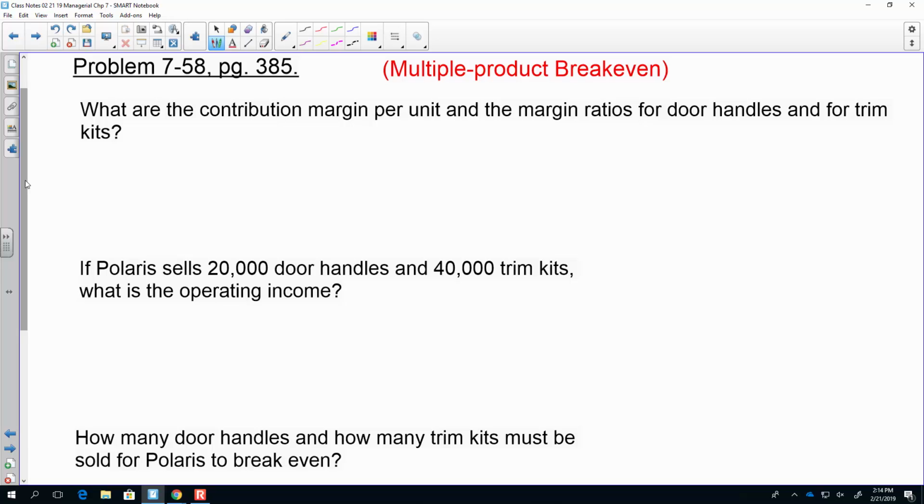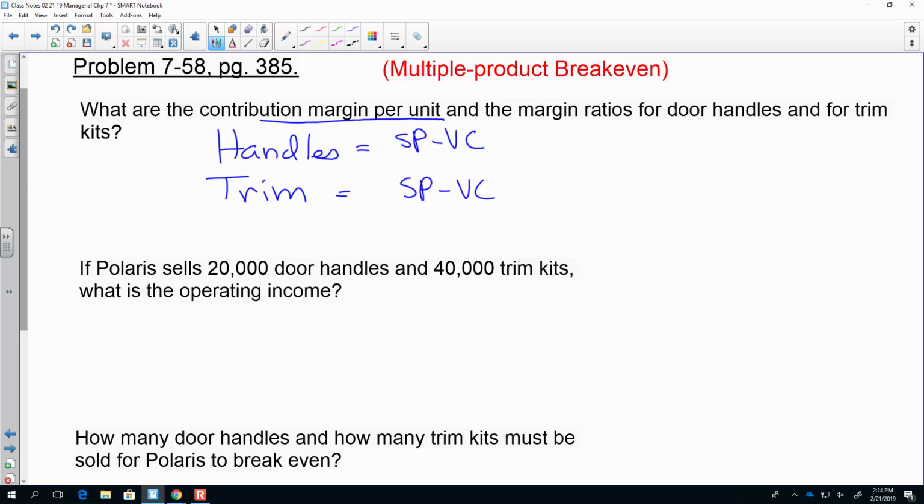So we'll start with handles. Trim kits. We gotta come up with the margin per unit. So selling price minus variable cost for both on a per unit basis.